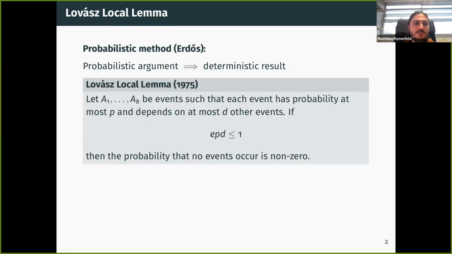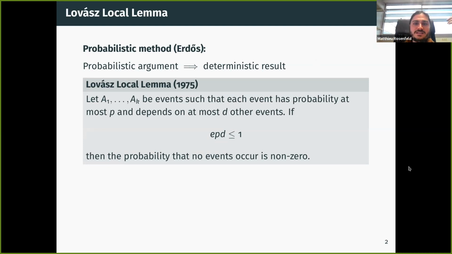One of the most important tools from this probabilistic method is the so-called Lovász local lemma. You don't need to read the result, but suppose you have some collection of bad events that you want to avoid. You want to construct some object which does not have any of these bad events.